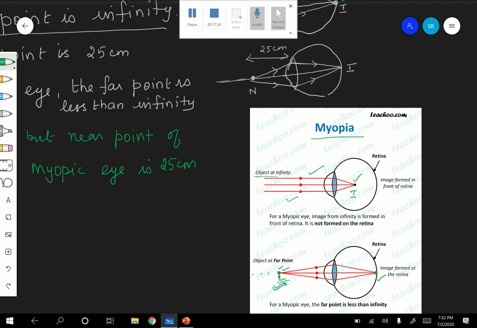Like that, you have to give the appearance to the myopic eye. Are you following? You say, I am bringing the object from infinity to F, you form the image now on the retina.